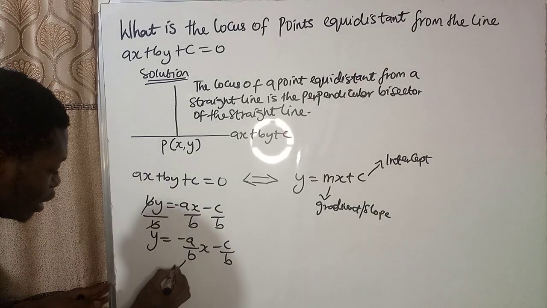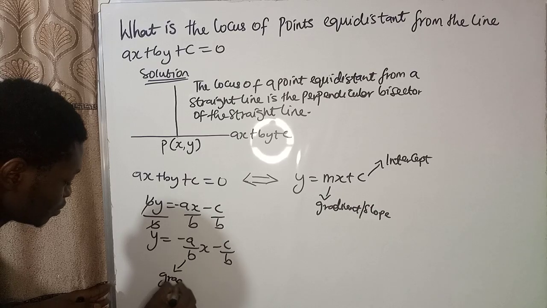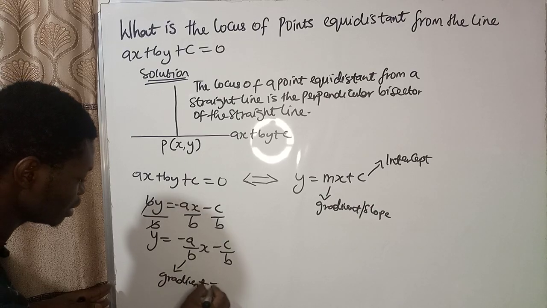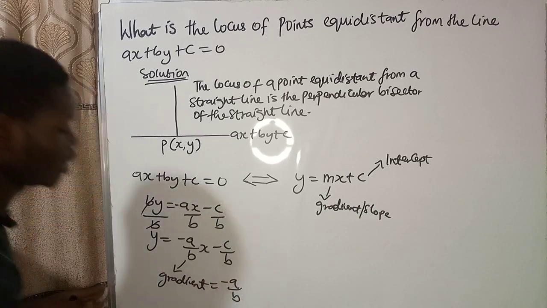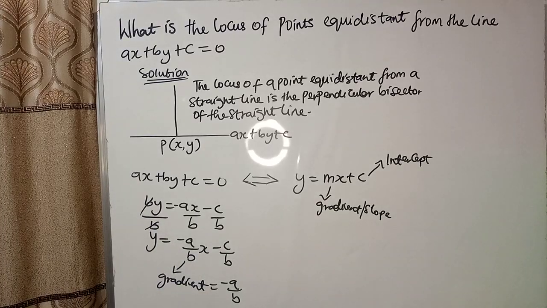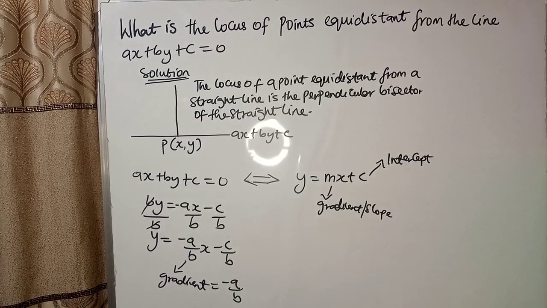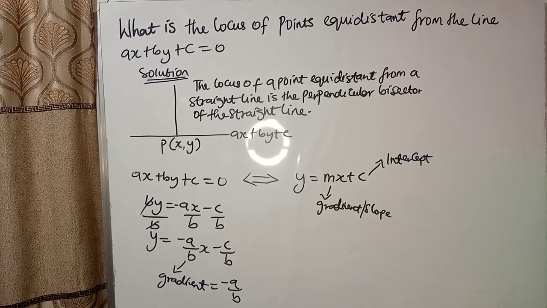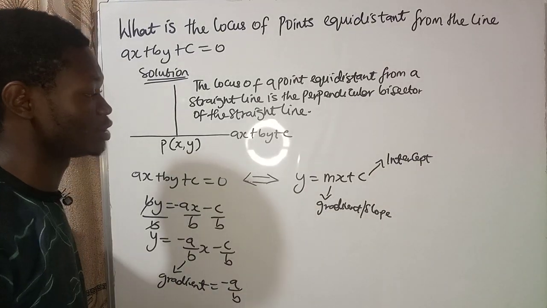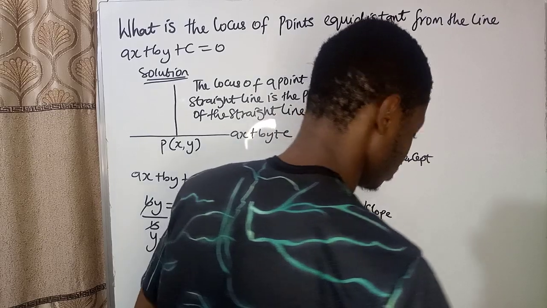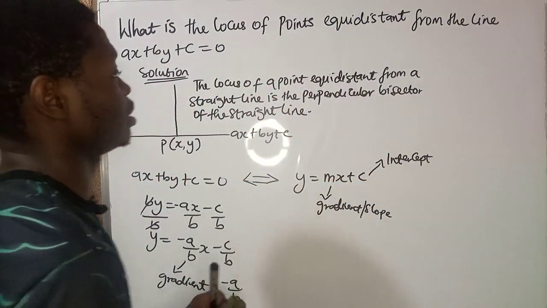So our gradient is equal to minus a all over b.